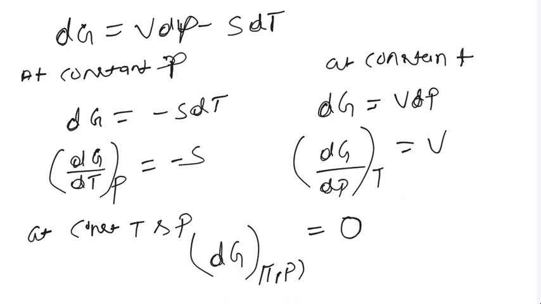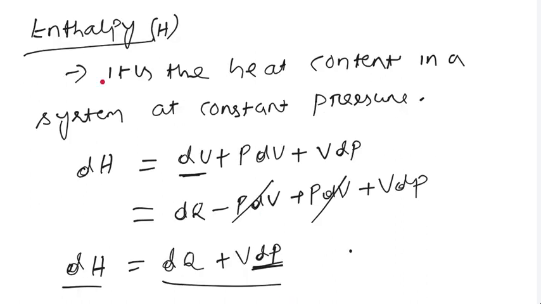From the G value, you can determine whether the system is in equilibrium condition or stable condition or unstable condition. So from a reaction, we can calculate the delta G value of the system or the reaction, that is product minus reactant.